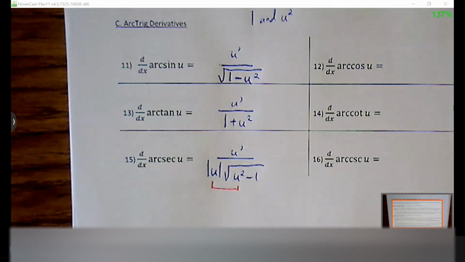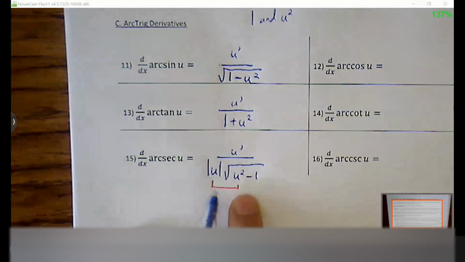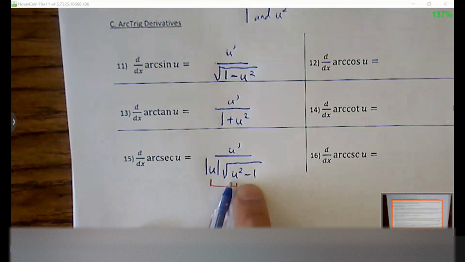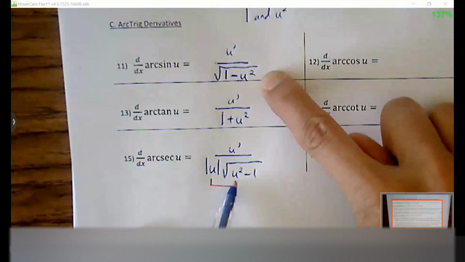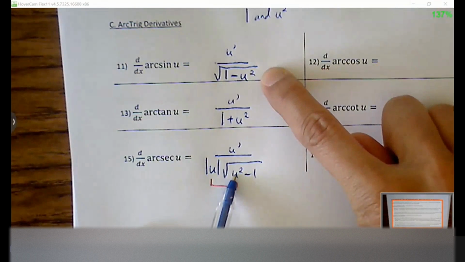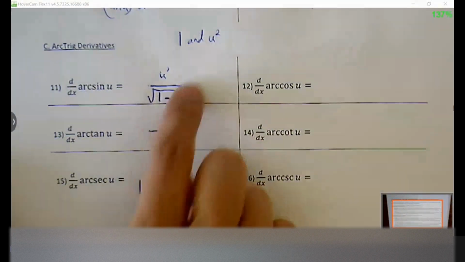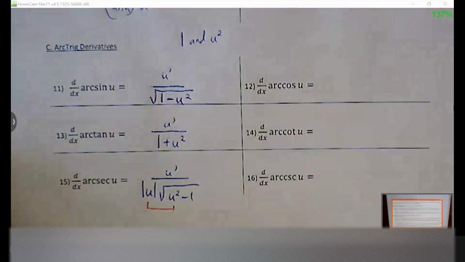So that's how I build my derivative. U prime first, then I do arctangent, then I do my most complex one, and then if I can stare at arcsecant, I can build my arcsine because I know they're going to be similar but different. And if you know these three rules, then these three are easy because you're just going to rewrite them and just put a negative sign in front of them.